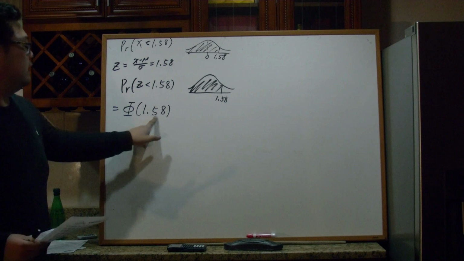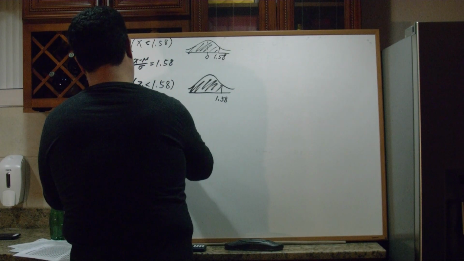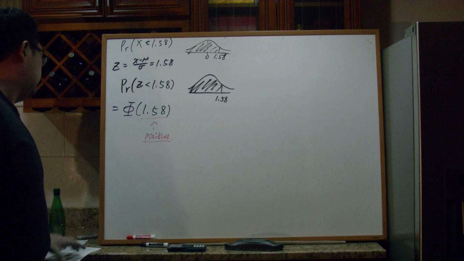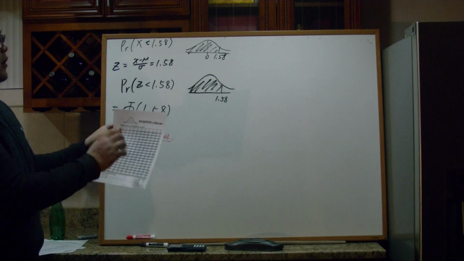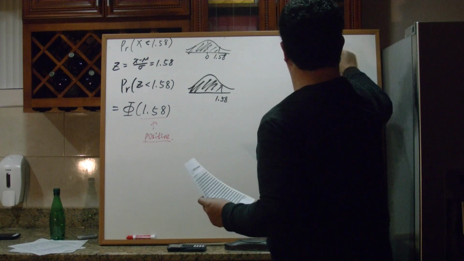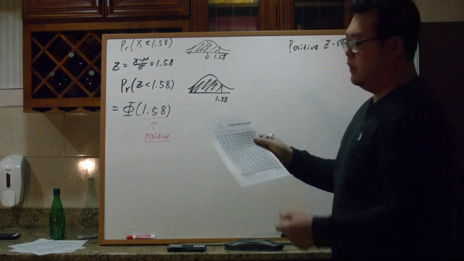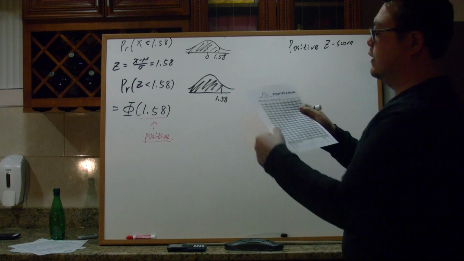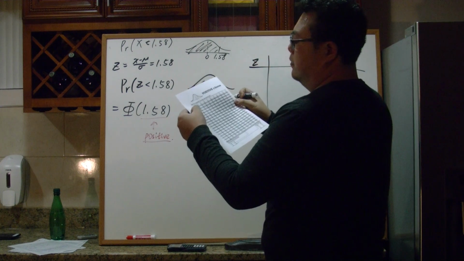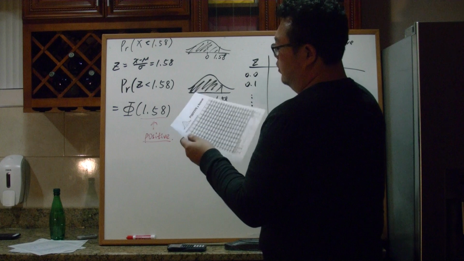The z-score we found is positive, so of the two sides of the z-score table we will go to the positive z-score side, on the second page, which has different rows and columns.